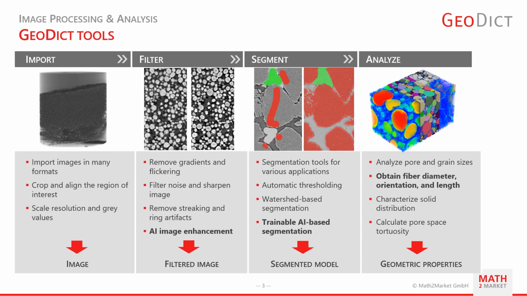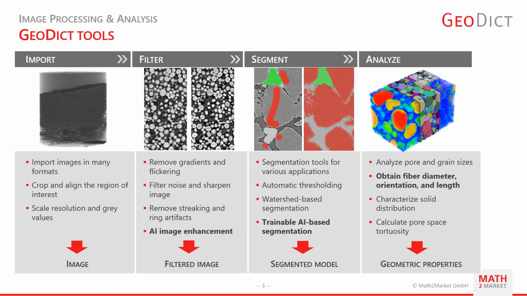Second, filtering and enhancing the images to get rid of artifacts and noise. Third, the segmentation of the image. And finally, fourth, the analysis of the image to get geometrical properties of your material. Each of the first 3 steps is essential in obtaining correct and meaningful analysis and further down the road even simulation results.